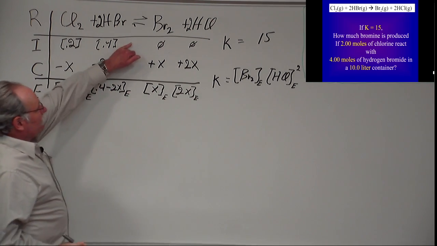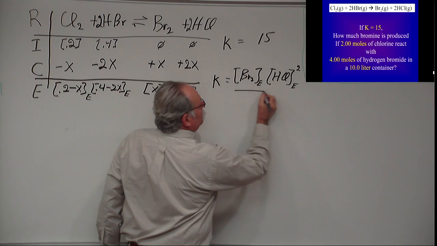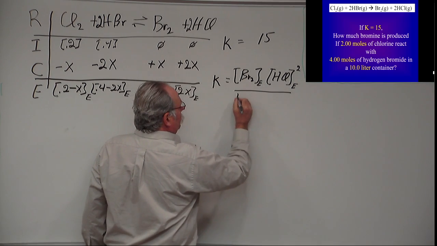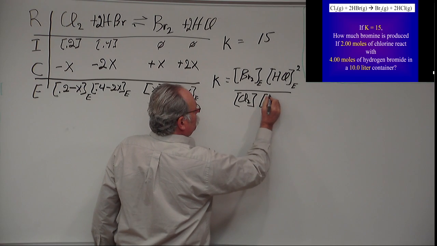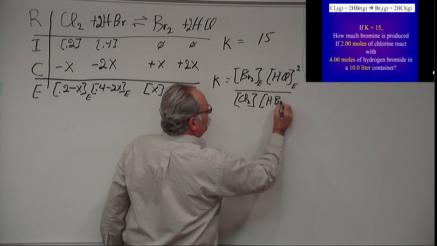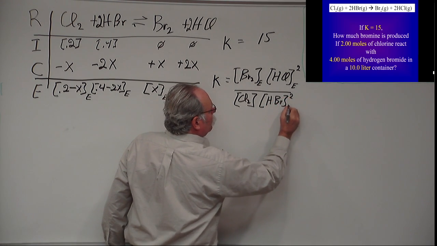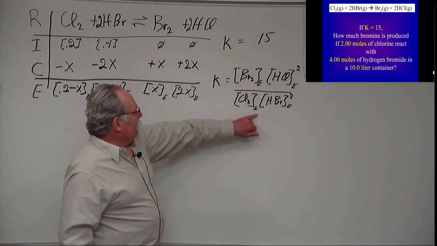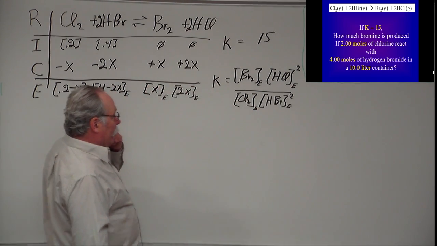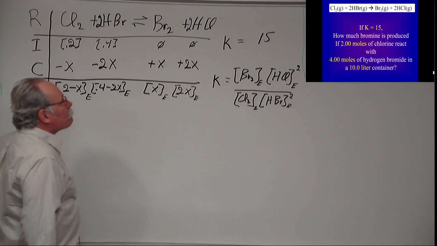These values represent any time, divided by the reactants to the power of their coefficients. And of course, these are at equilibrium. We often omit the E here. It's implicit when you say K, but I'm just putting it in here, okay?